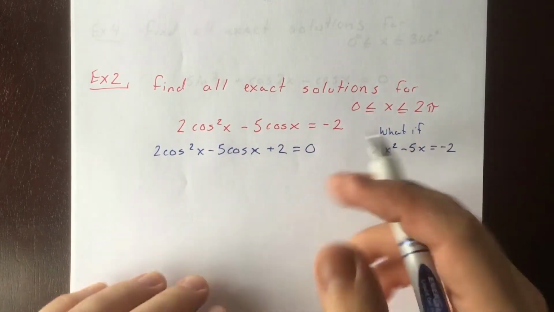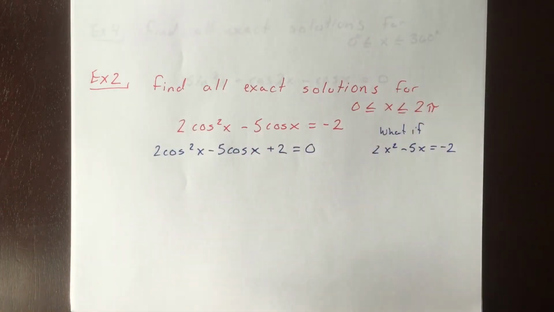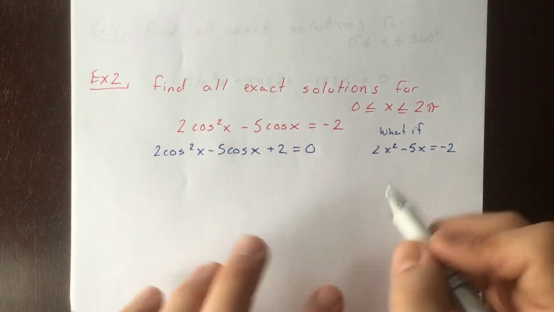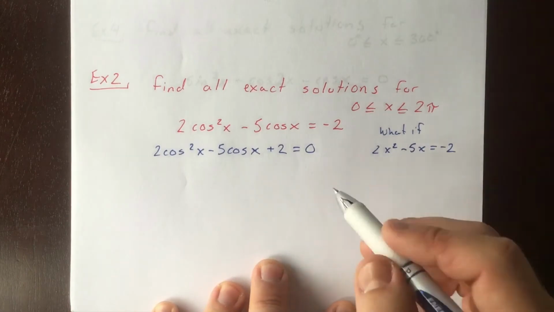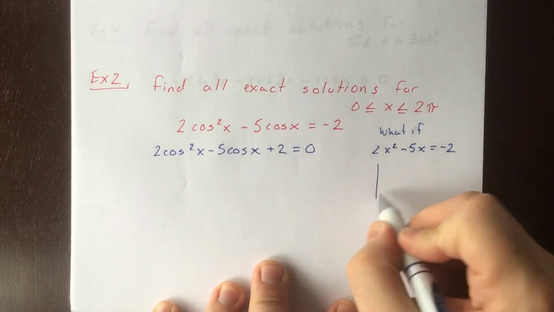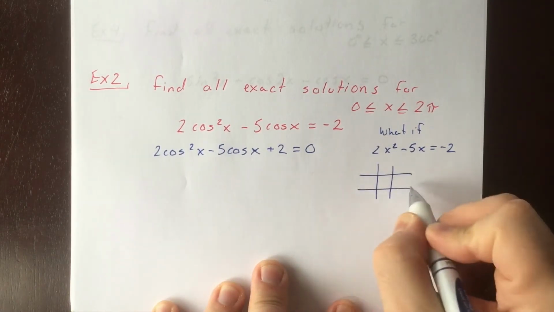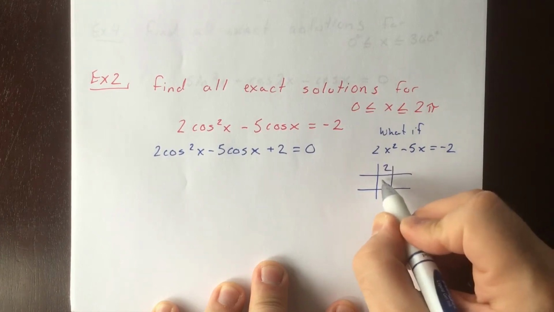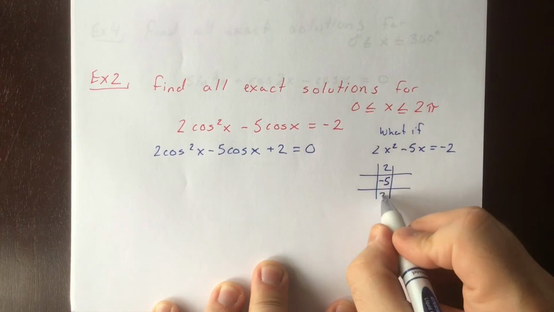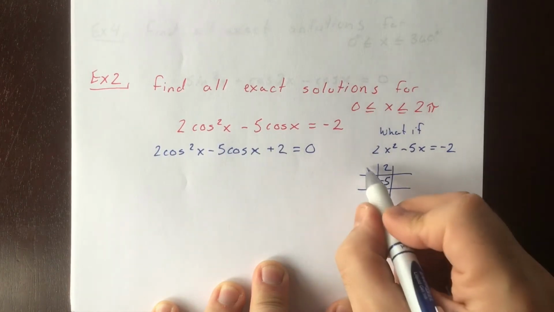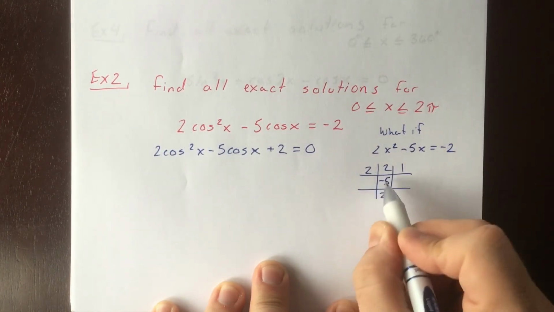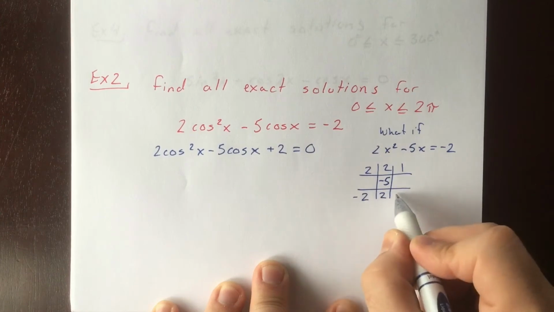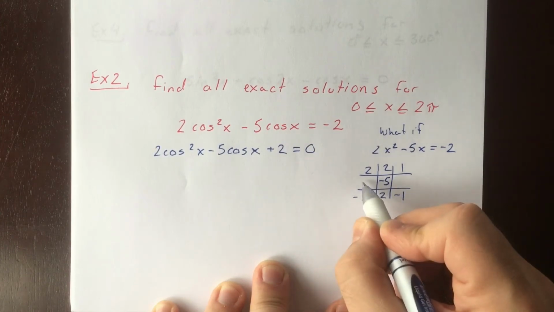So doing that, you would say, oh, let's try factoring. There are tons of methods that you've been taught. I like this little checkerboard. Some call it a snowman, whatever you use, that's factoring. So you have 2, negative 5, and positive 2. I'm thinking, oh, 2 and 1 to get negative 5, so negative 2 and negative 1.